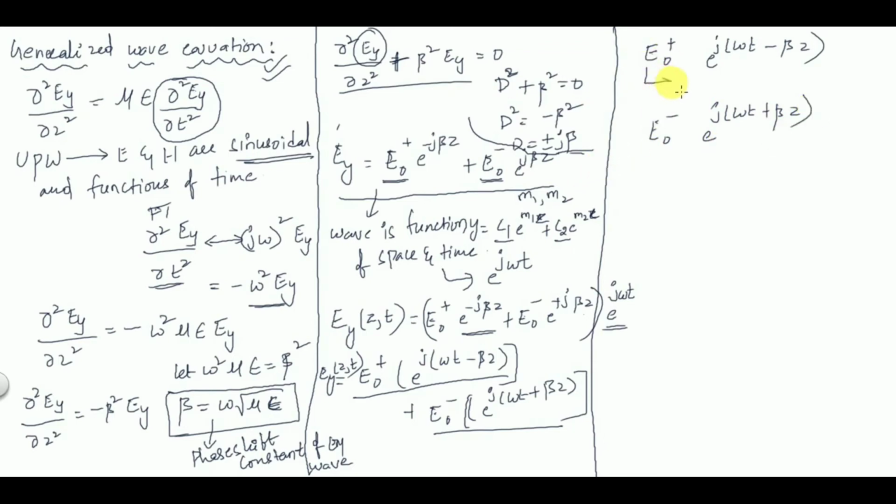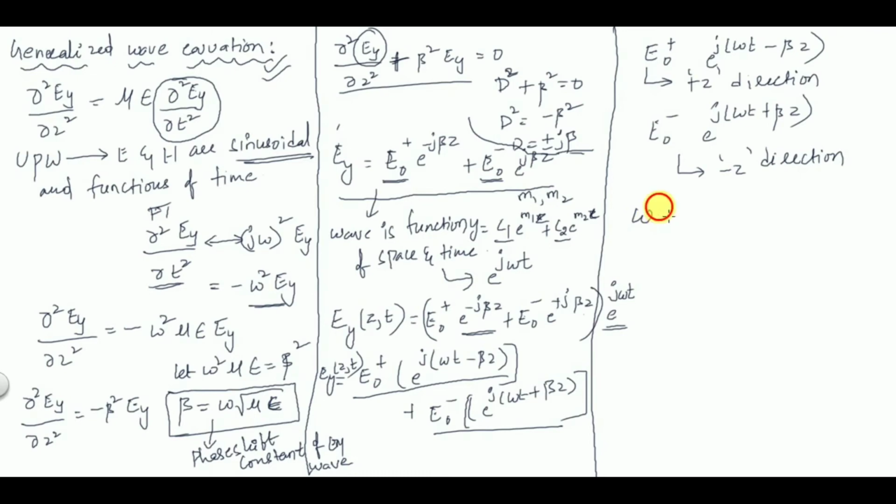The first term is used if the wave is traveling along the plus z direction, and the second term is used if the wave is traveling along the minus z direction. Understand one by one neatly and perfectly.